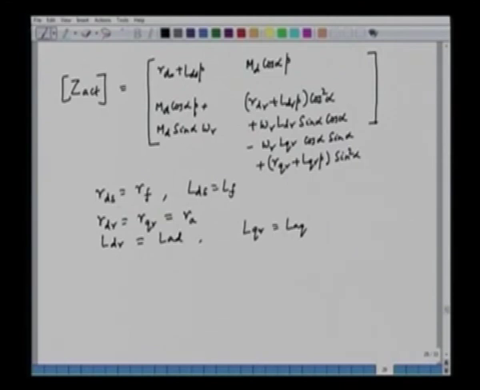So when we substitute this RDS, RDR, RQR, LDS, LDR, LQR in the equation for the Z actual, what we obtain is the following.